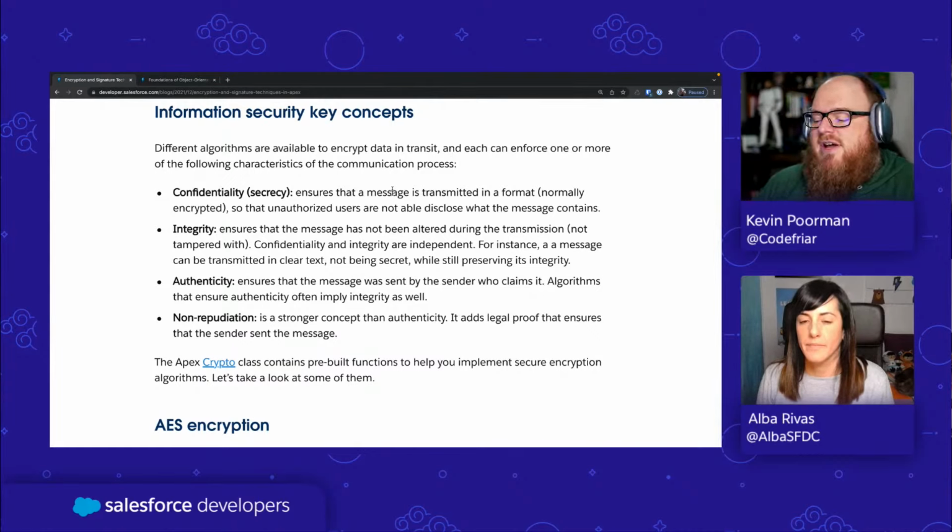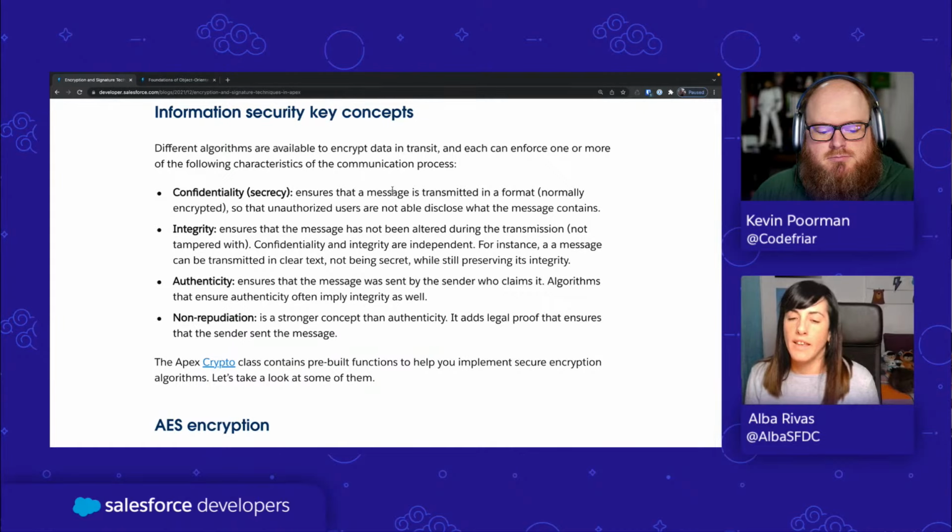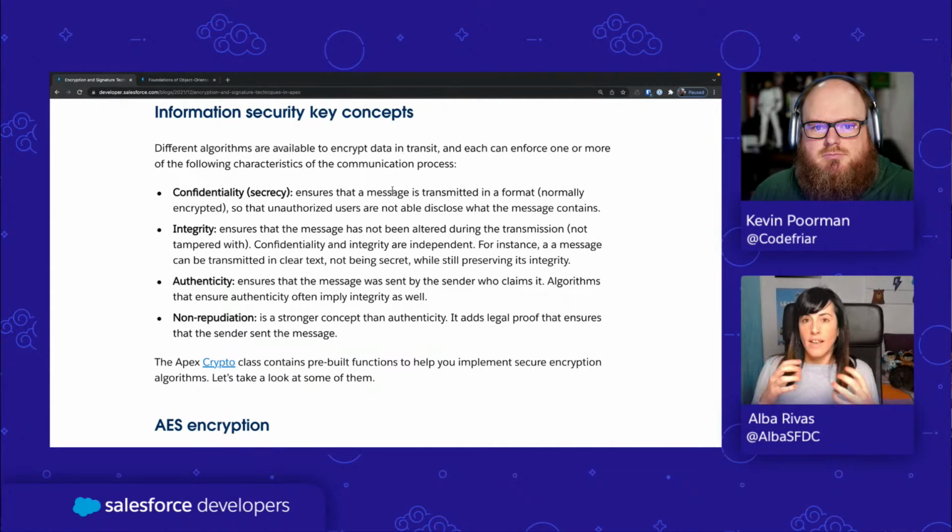And then finally, we have non-repudiation. Why don't you explain that one to us? Yeah, so non-repudiation is a stronger concept than authenticity, because it ensures, legally, that the sender is who is meant to be. There is a legal proof that the sender is that person.